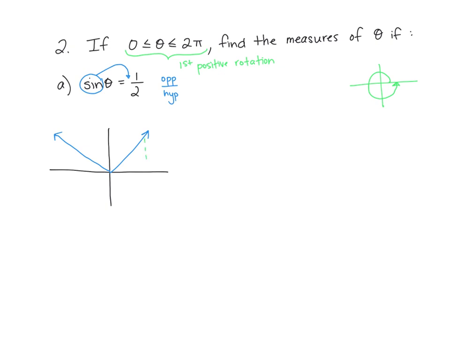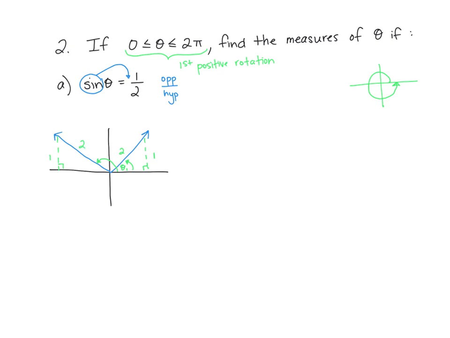So these are our possible locations of where sine could have a positive ratio. So our first, we know sine is opposite over hypotenuse. So if this is my first value of theta, opposite over hypotenuse, this is the angle that is created. Or the second angle that might be created, we use our related acute angle, opposite over hypotenuse.